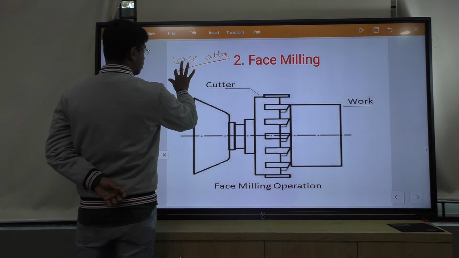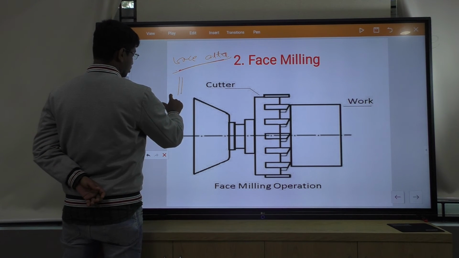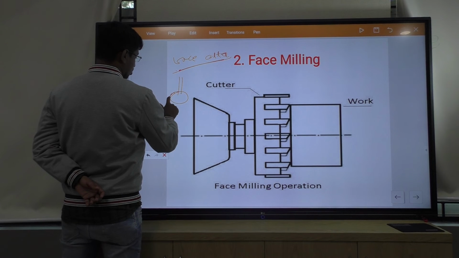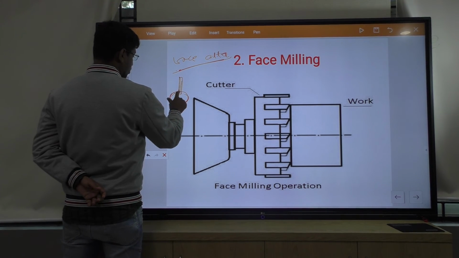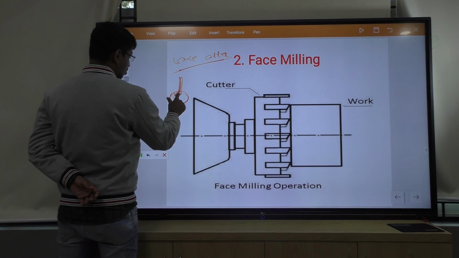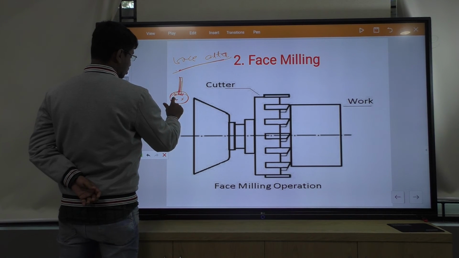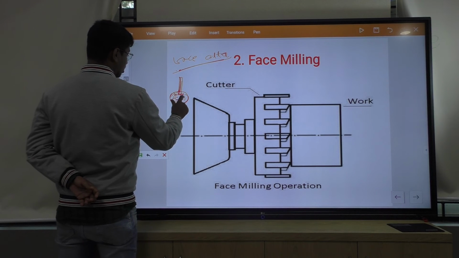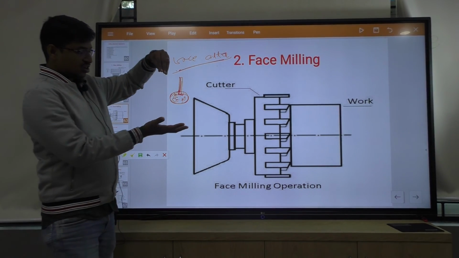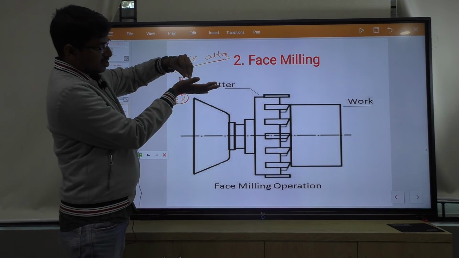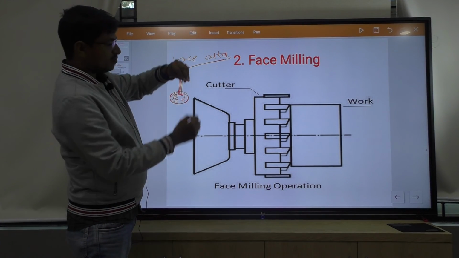What is a face cutter? If this is the cutter, the end face of the cutter carries a number of teeth.